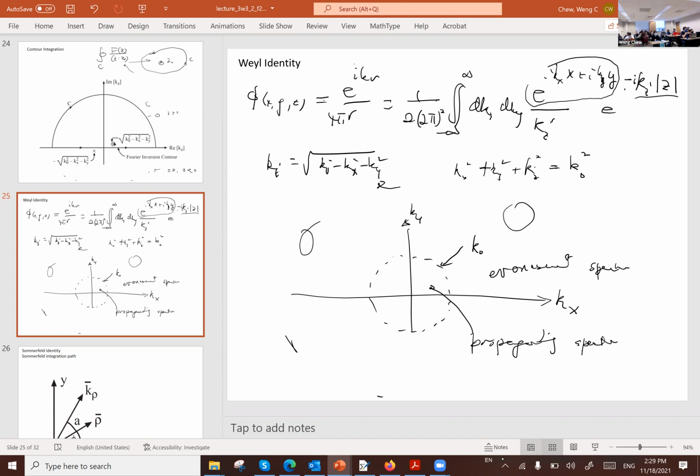If you take a Fourier transform, this is essentially the Fourier transform integration. What does large kx and large ky mean to you? If you look at the two-dimensional Fourier transform integral, what does large kx and large ky mean to you?